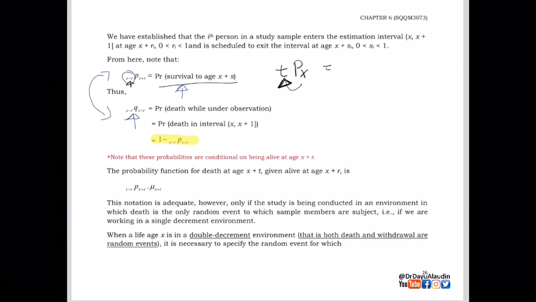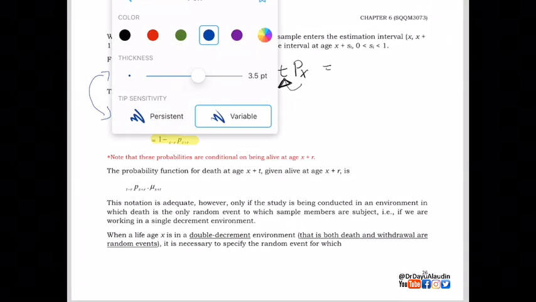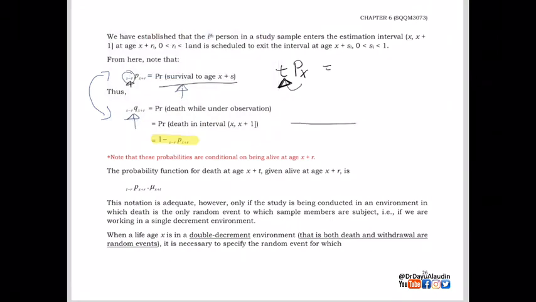Then, since this is the probability conditional on being alive at age x plus r. Okay, so if we draw the timeline, still the same timeline, x to x plus 1, so one interval.